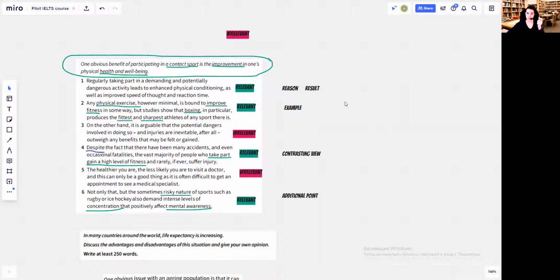So this causal relationship, because something happens, it leads to something else, is a reason-result function.